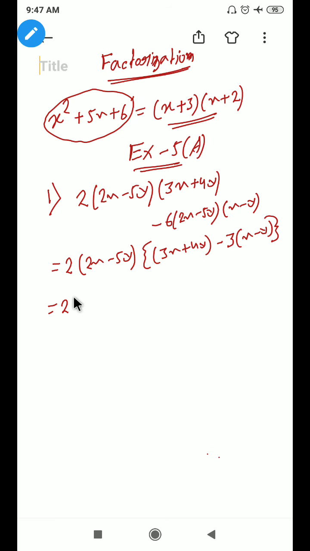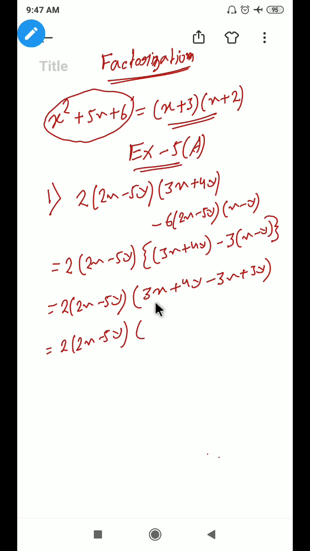Now that is 2 into 2x minus 5y, and if you open the bracket, what you will get is 3x plus 4y minus 3x plus 3y. Then this 3x and this 3x cancel out, and here is left 7y.